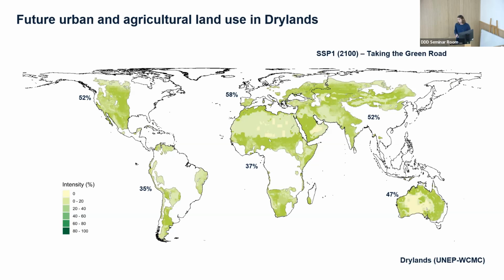One such scenario is referred to as taking the green road. It's characterized by moderate socioeconomic trends and climate policies, resulting in substantial reductions in global agricultural land. However, such a scenario in drylands would result in a likely increased conversion of natural open drylands, albeit at low intensities, to alternative energy sources such as bioenergy and solar panels.